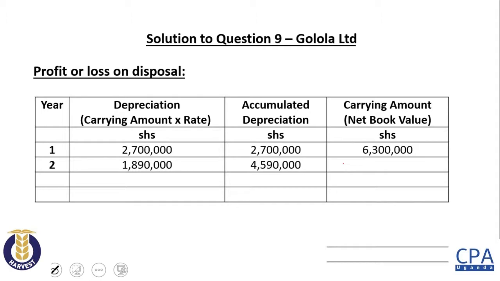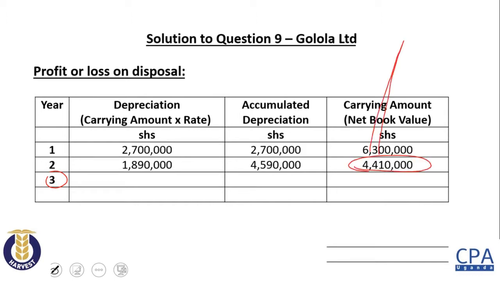The carrying amount for year number 2 is going to be 6.3 million minus the 4.59 million accumulated depreciation, and that gives us a figure of 4,410,000.